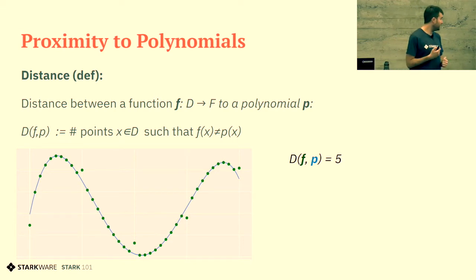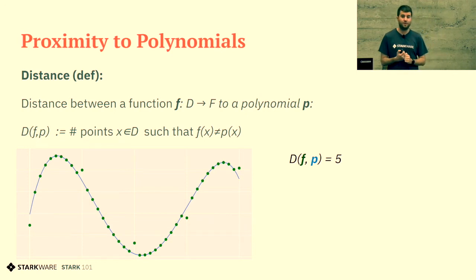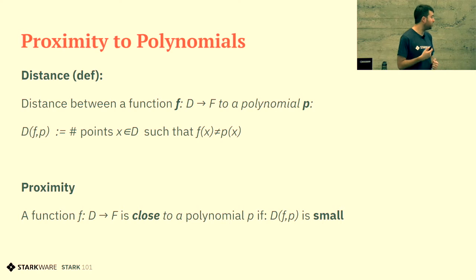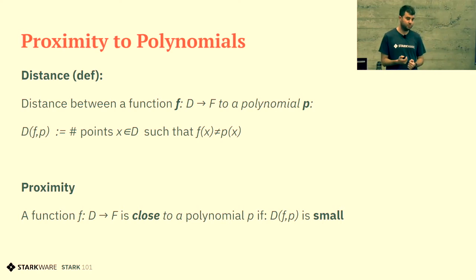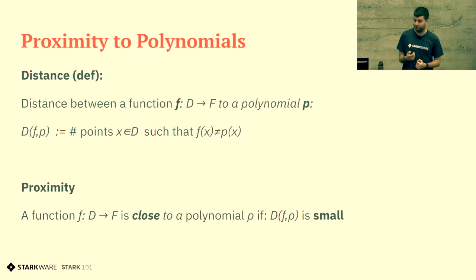And therefore, the distance between f and p is exactly 5 in this example. So now we can understand what is close. A function f is close to a polynomial p if the distance is small, and small depends on the context.